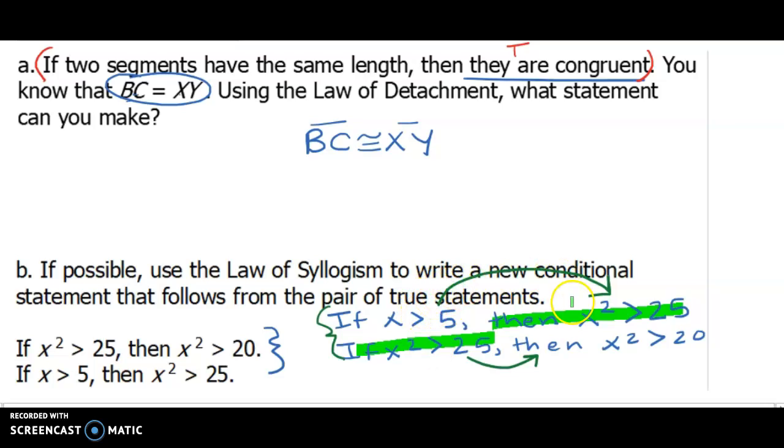So if this causes this, and this causes this, we can totally cut out the middleman. And we can just go straight to the, let me get a different color. If x is greater than 5, comma, then we can just jump to the final. Like I said, think of if you give your mouse a cookie on this one.